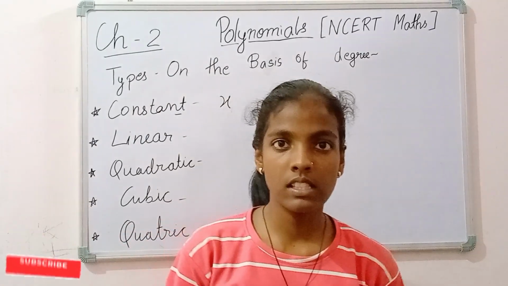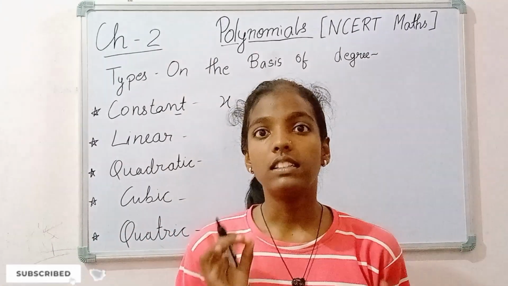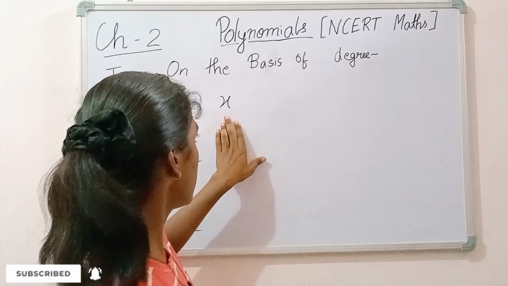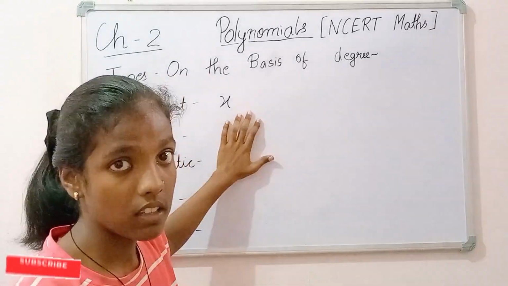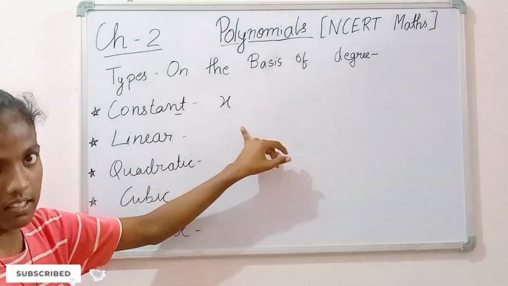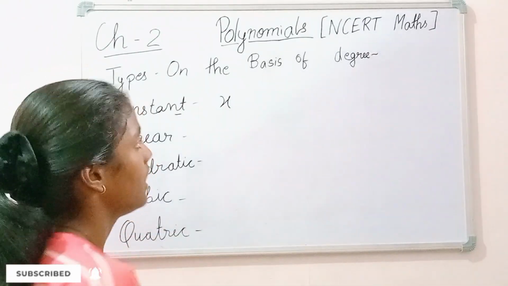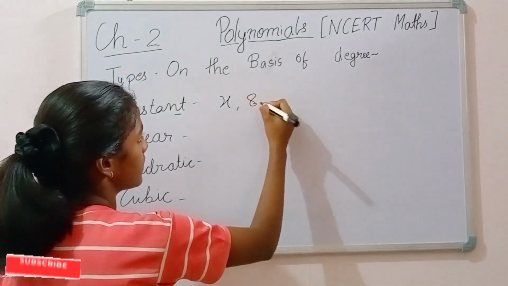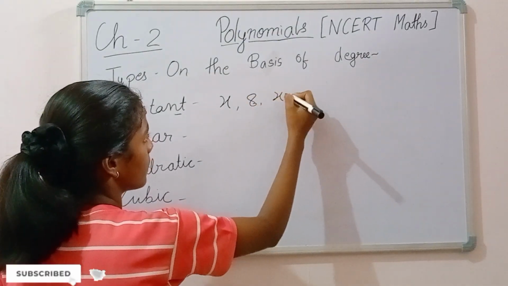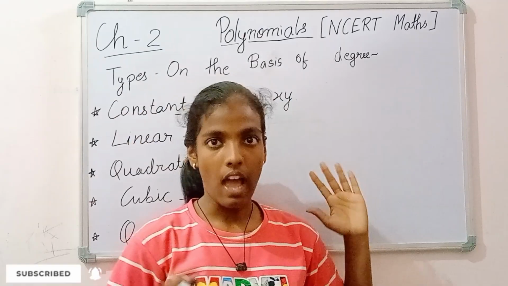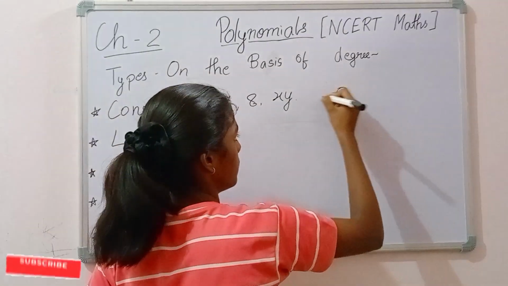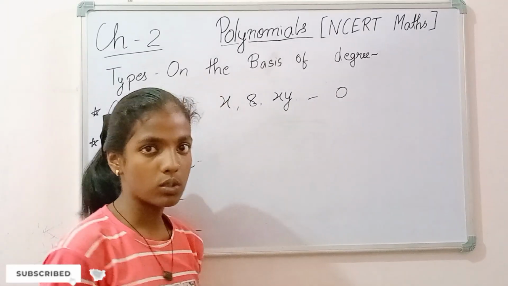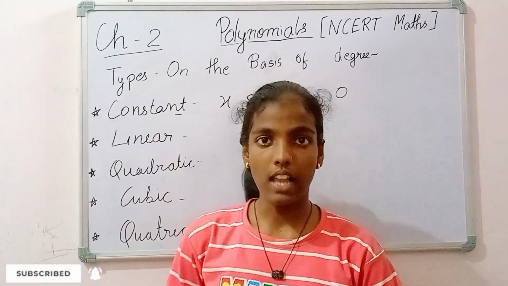Constant polynomial means an expression that has degree 0. If you write 0, you can see it doesn't have any degree. So it is a constant polynomial. Constant polynomials have degree 0.